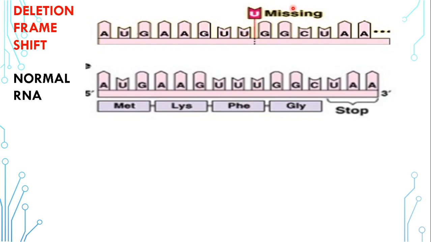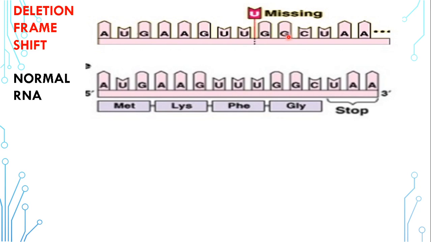It gets deleted. As it gets deleted, the reading frame will shift to UUG. What was earlier UUU now becomes UUG, which will form a different amino acid, or maybe none.